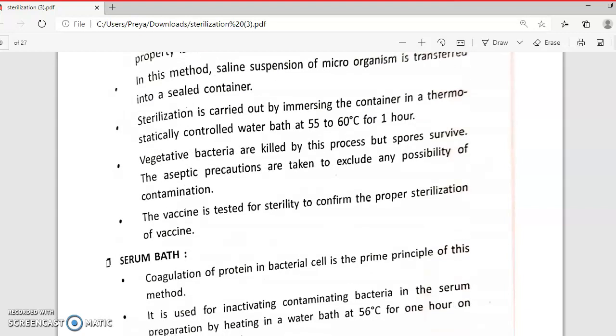Now the vaccine is tested for sterility after sterilization, to check whether there is any growth or not, right? So this is called the vaccine bath.